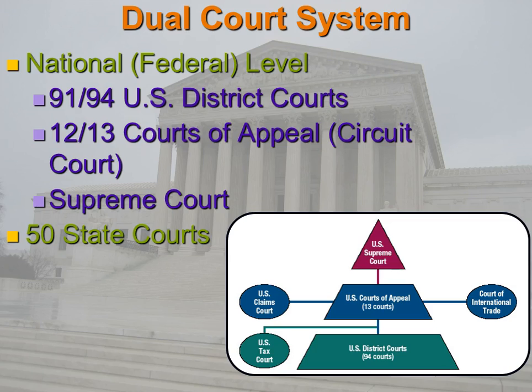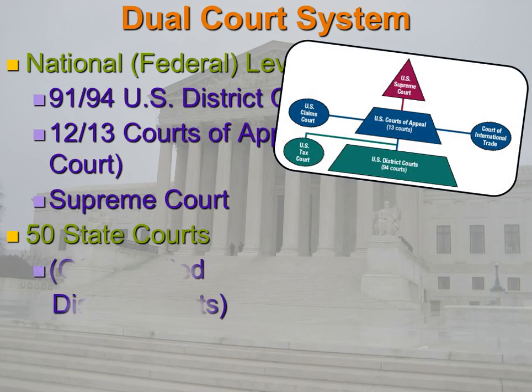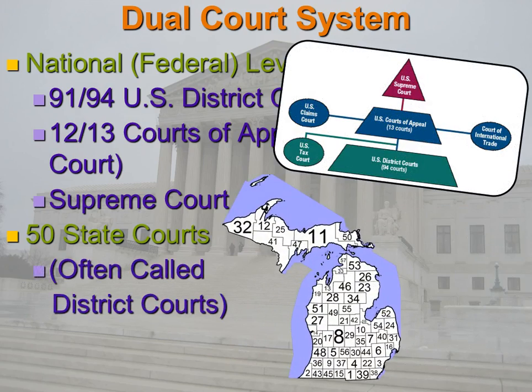But then each state has their own court system. Each of the 50 states has a court system, which is sometimes called the district court system at the state level. Every little district within each state has its own court. Here, if you're in Plymouth or Canton, you're in the 35th district, I believe.